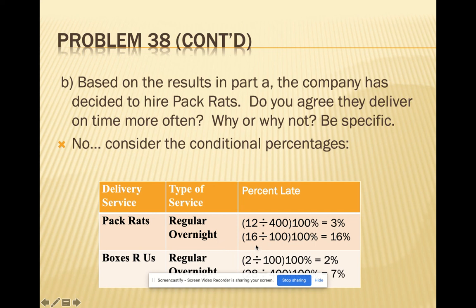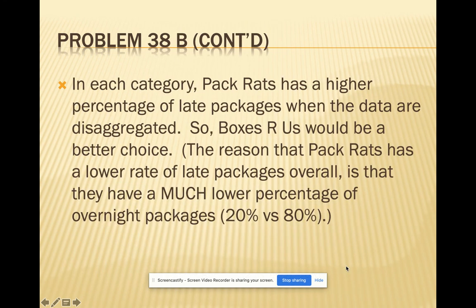For the overnight packages, 16 out of the 100 that they sent were late. So that gives us 16%. If you look at Boxes R Us, only 2% of their regular were late and only 7% of their overnight were late. It reverses who did better if you break it down by category.